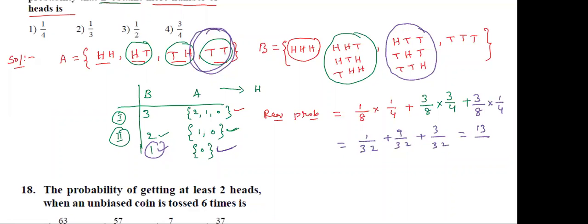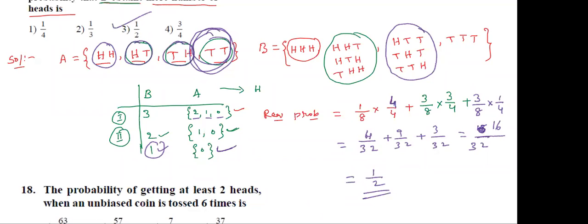So here 3 heads, right? Correct. Here 4: 2 heads, 1 head, 0 heads means all the chances. That 4 I had not written. So here 4. This is 9 plus 4, totally 16. 16 by 32. That is 1 by 2.